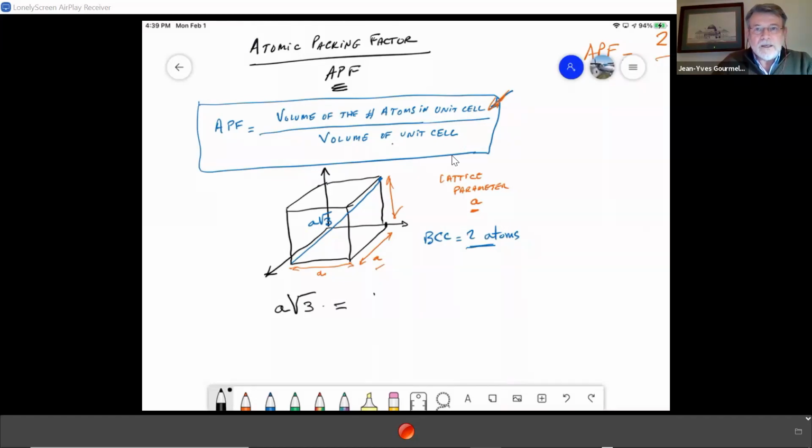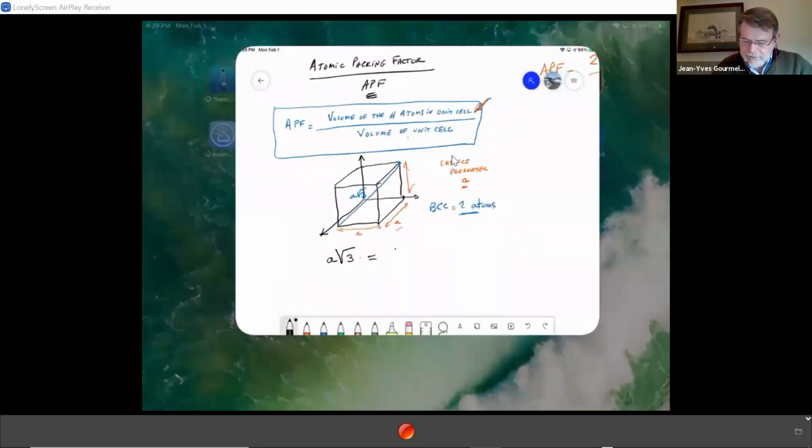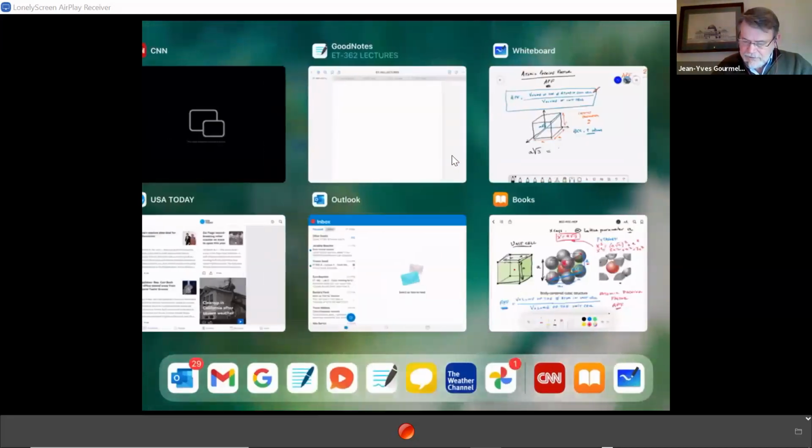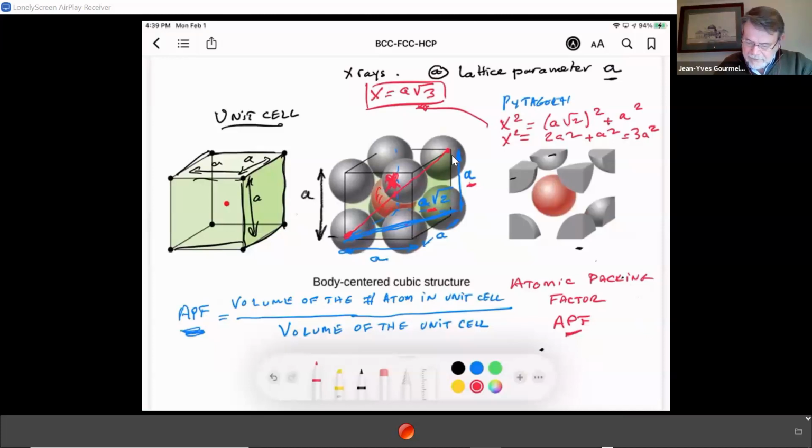Well, let's open again, I'm going to share that. All right, it's the one here. Okay, along the blue diagonal, body centered, that length of A root 3.